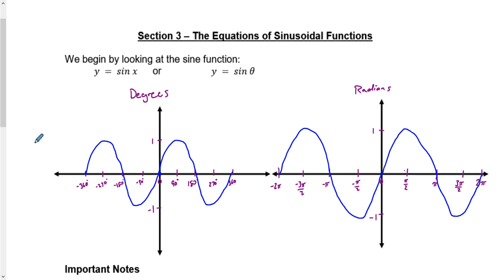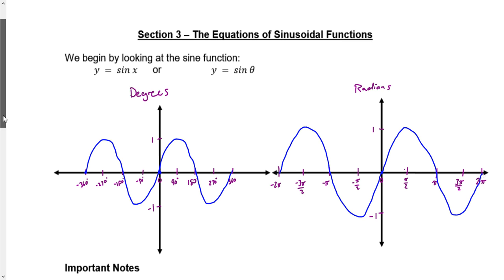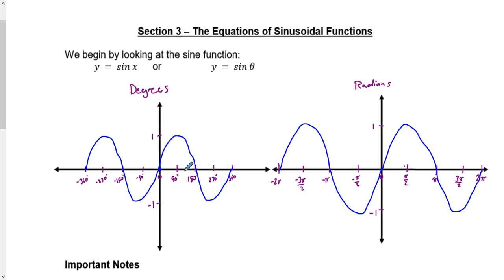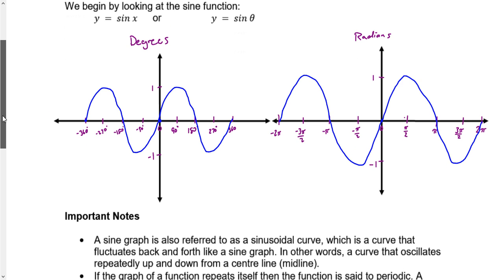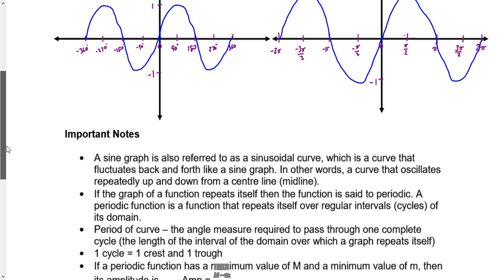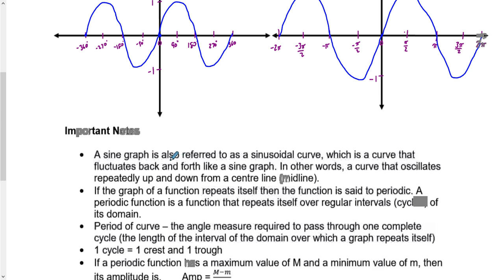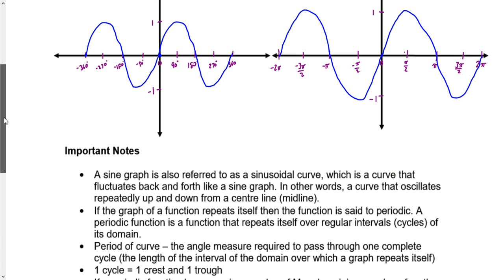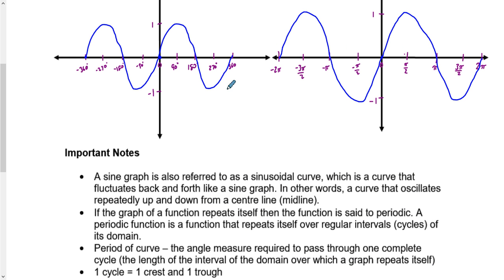Now again, those of you that have taken physical science will maybe remember a little bit about waves, and that's exactly what these are. It's a wave. And that's one of the things that we'll talk about in the important notes. So a sine graph is also known as a sinusoidal curve, which is a curve that fluctuates back and forth like a sine graph. It fluctuates back and forth, all over.